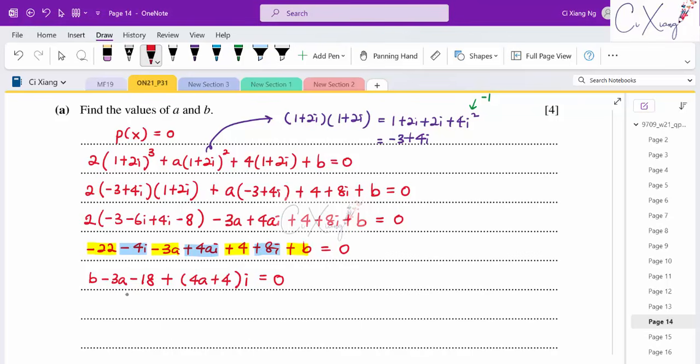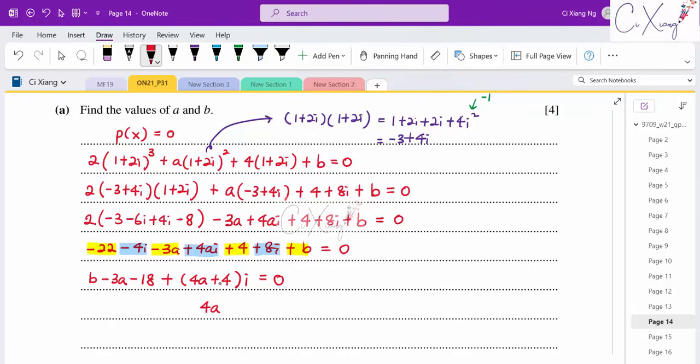You can see that I group all the real terms together and all the imaginary parts together. Since the right hand side equals 0, the real part equals 0 and the imaginary part also equals 0.